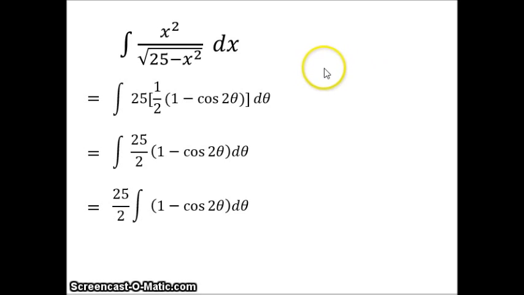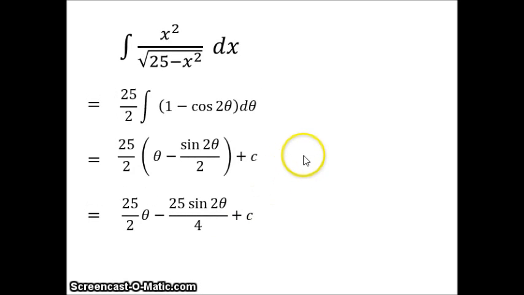So now comes the simpler part. After substituting everything, we now end up with some numbers outside, which we can bring out. Just bring them out, and then we can integrate the inner part, which is 1 minus cos 2 theta with respect to theta.